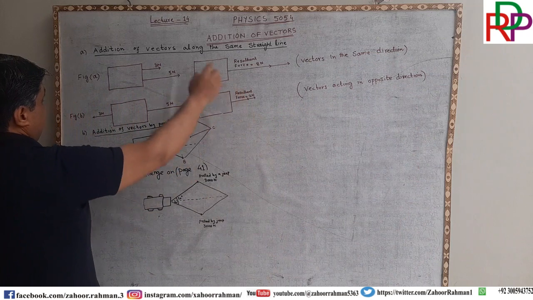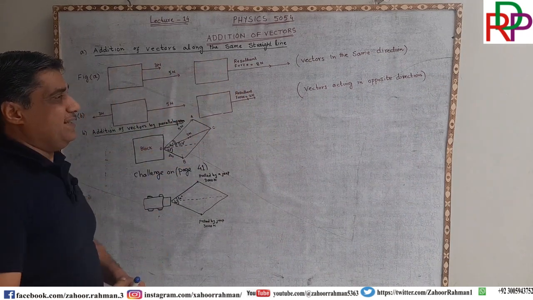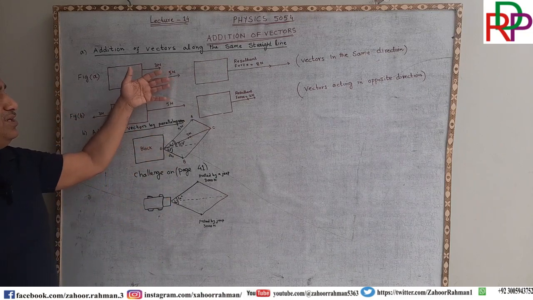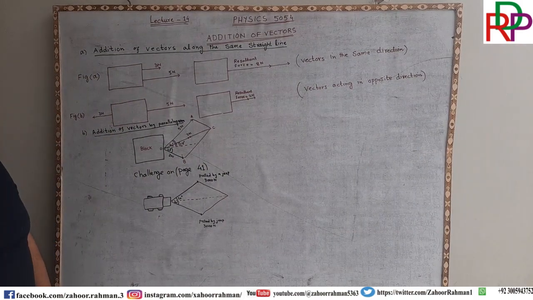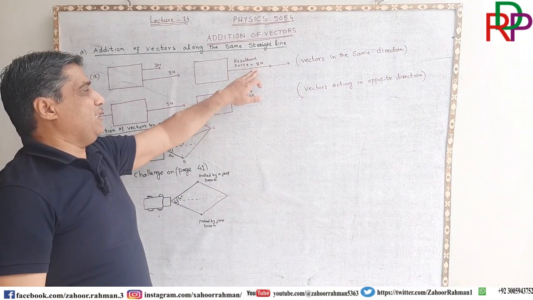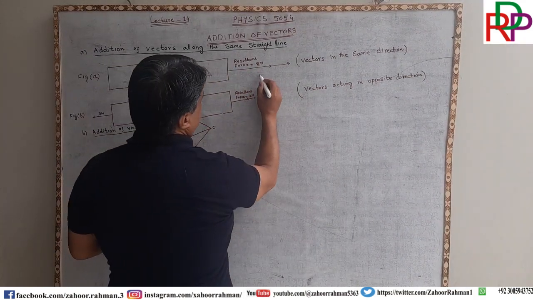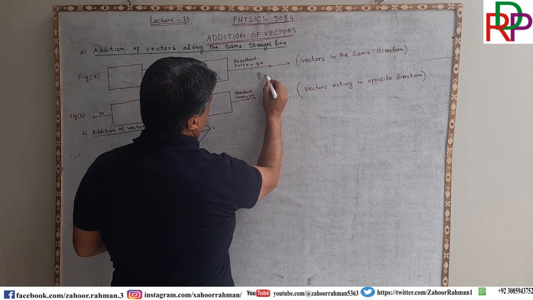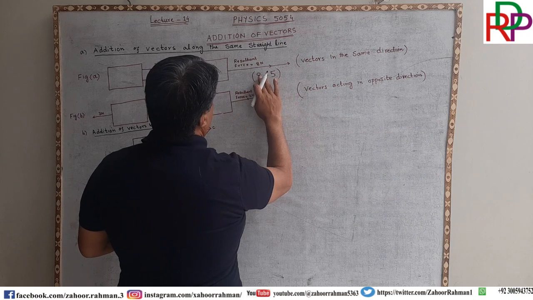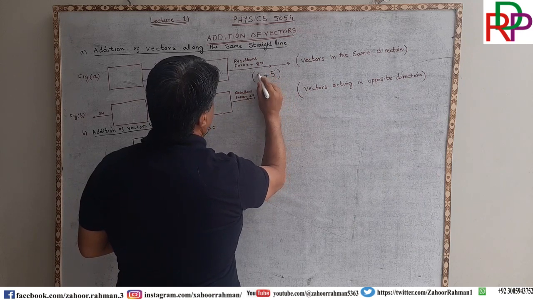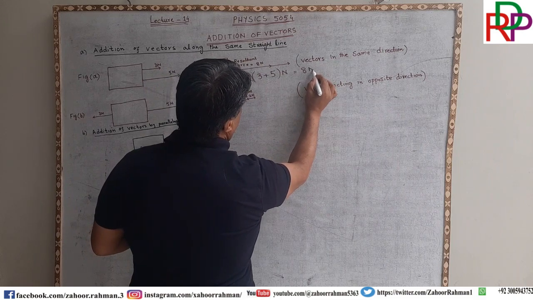In fact, both are acting along the same line in the right direction, so the block will also move towards the right, and that will be 8 Newton. Here I am writing that the overall effect will be 3 plus 5 Newton, which is equal to 8 Newton.